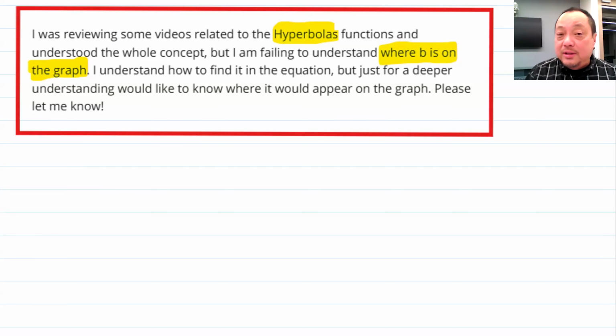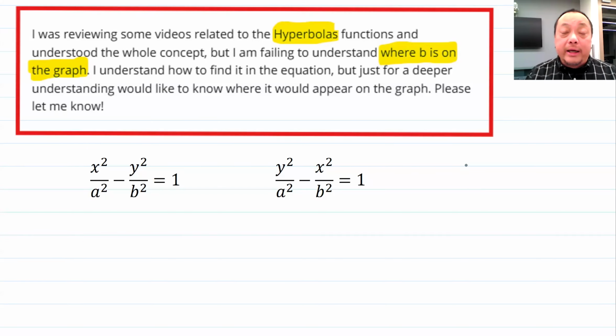The context of this is that we're talking about the standard way of writing the equation of the hyperbola. And in this video, I'm going to talk about the hyperbola centered at 0, 0, so we don't have to worry about the h and the k. So these are the standard way of writing the equation of a hyperbola as taught in a typical calculus or pre-calc class.